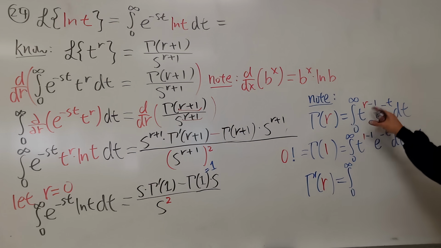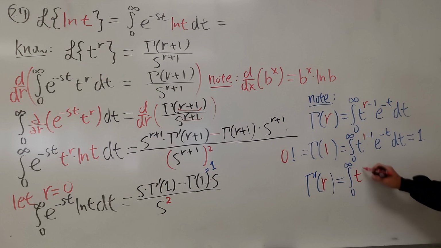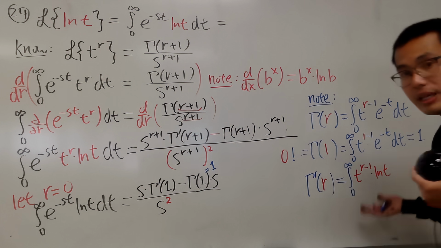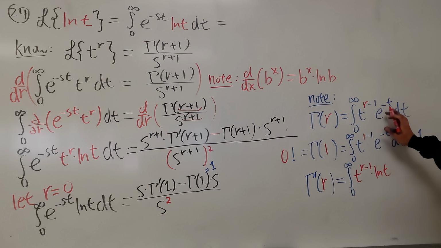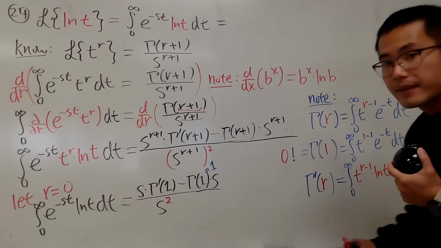So you have this. And we did that earlier. So if you differentiate that, you actually get this repeat, which is t to the r minus 1 times ln t. And then you have this right here stays, which is e to the negative t dt, like this, right?